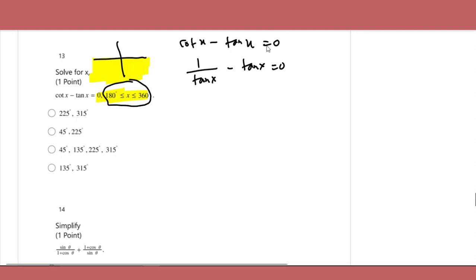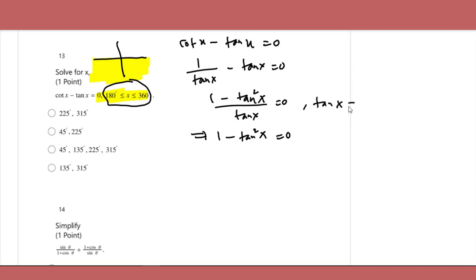Bring tangent to the right and simplify. Equating the denominator, 1 minus tangent x squared over tangent x is equal to 0. It implies that 1 minus tangent x squared is equal to 0, with tangent x not equal to 0.